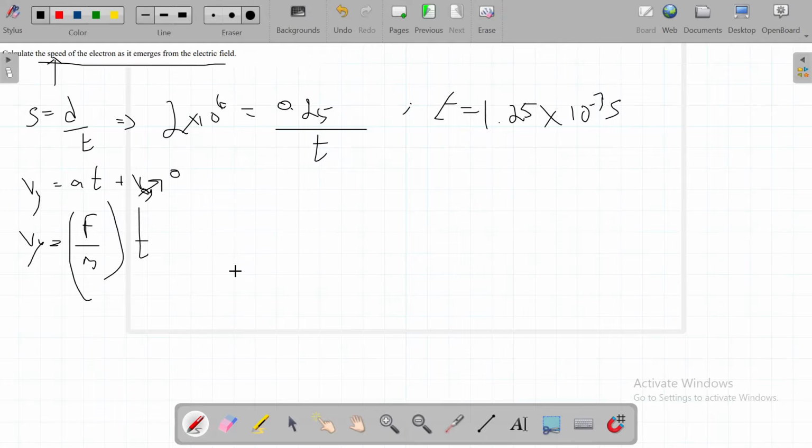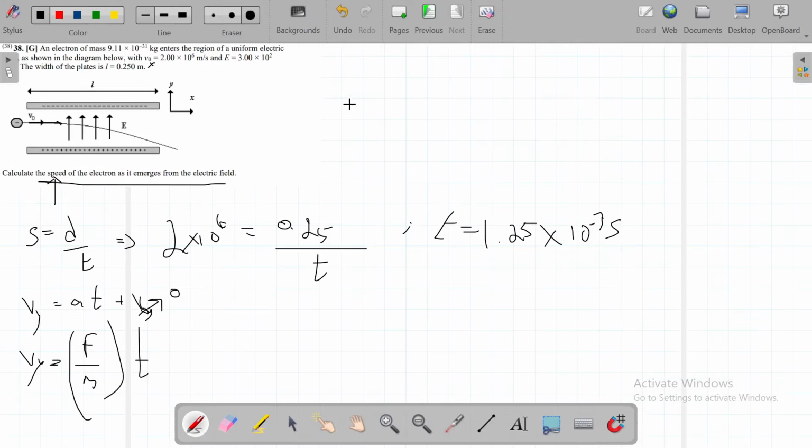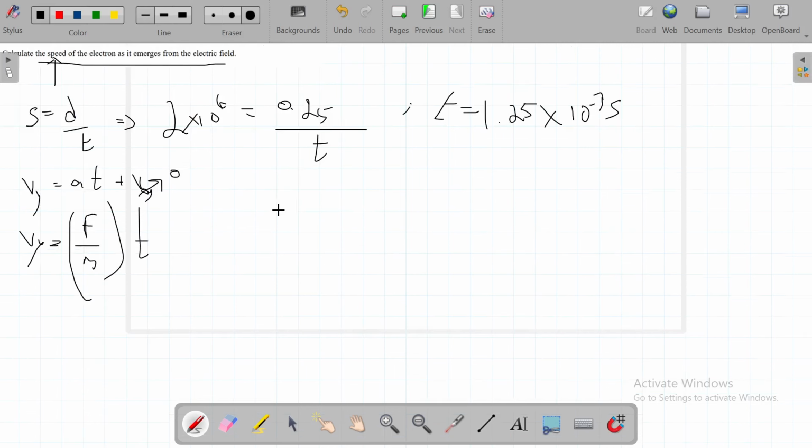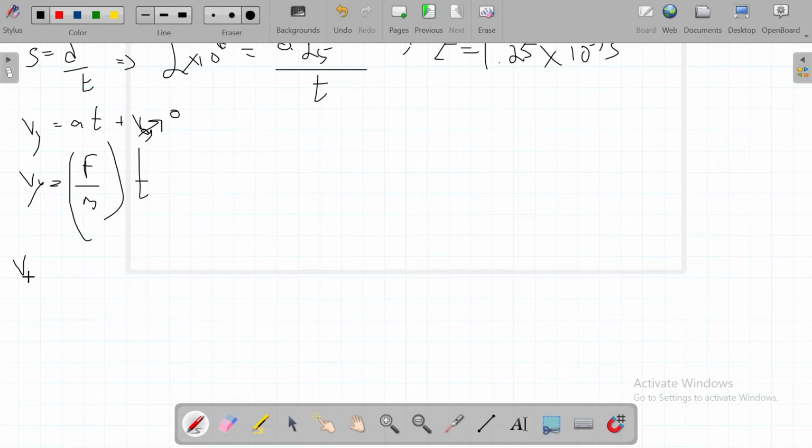But we know also from our equations that your electric field is your force over your Q. So the force is your E times your Q, right? So the Vy is gonna be the Q E over your mass all into time.